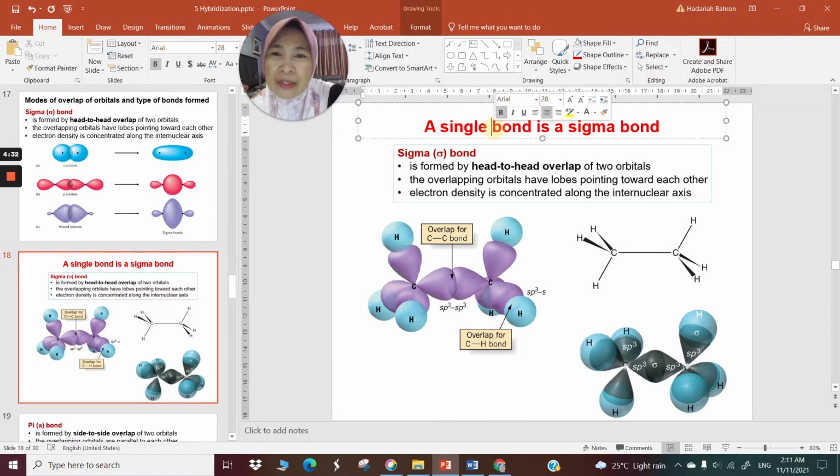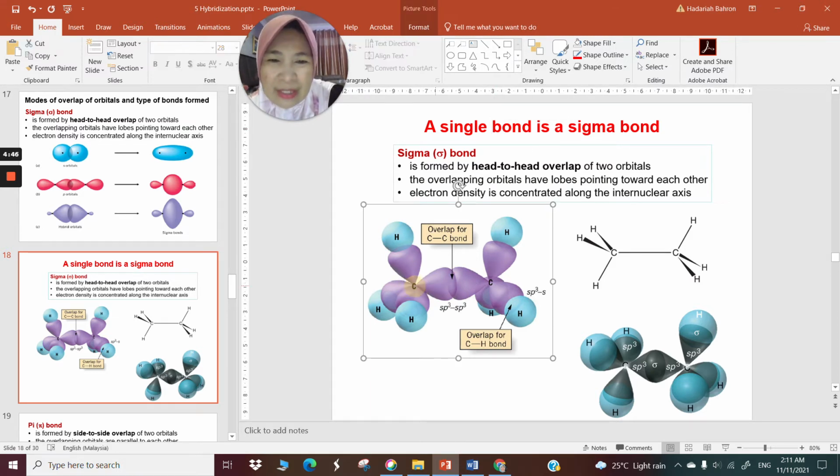A single bond between two atoms is always a sigma bond first. When you have two atoms making a bond, the first bond that is formed is always a sigma bond. For example, when carbon is bonded to another carbon, it will always be overlapping head to head first, because these will be the orbitals that will meet first.